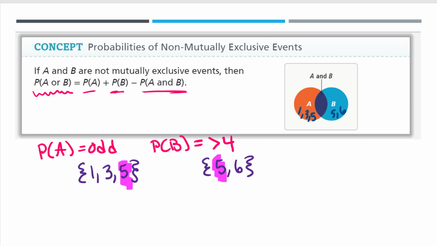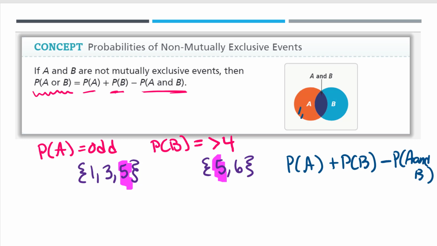So what we do is we take that probability of A, we add the probability of B, so we've counted that number 5 twice, but then we subtract the probability of A and B. The reason that we subtract the probability of A and B is to avoid our double counting of an outcome.